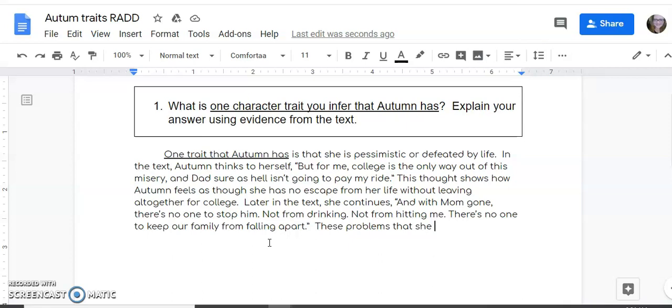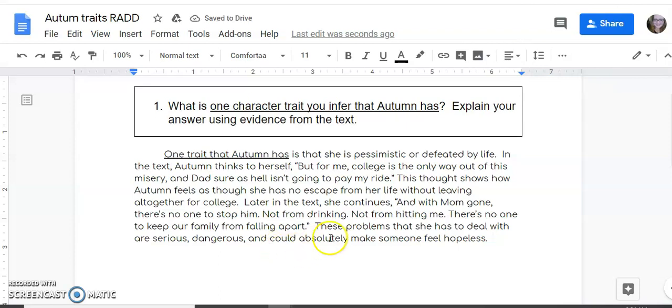These problems that she experiences, that she has to deal with, are serious, dangerous, and could absolutely make someone feel hopeless. No, not hopeful. That's not what I meant. Hopeless. Okay, so now this is just a draft, which is all I'm really expecting you to do.